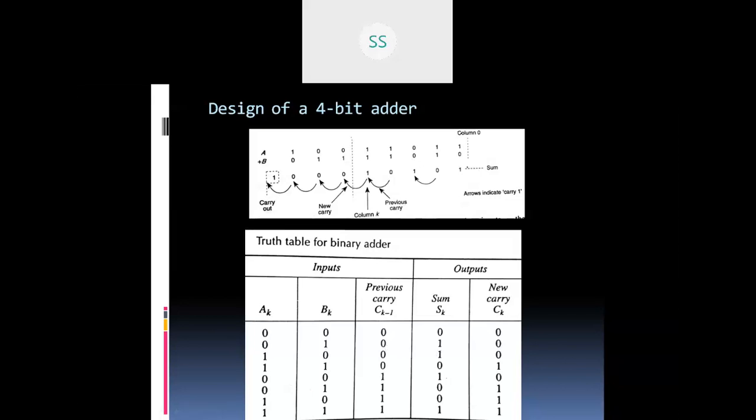Similarly, for the carry term, if AK is equal to BK, then CK is equal to AK, that is equal to BK. Else, when AK is not equal to BK, CK will be equal to the CK minus 1 term.